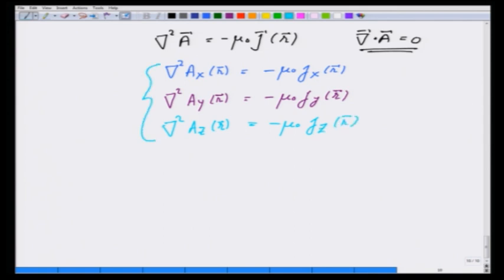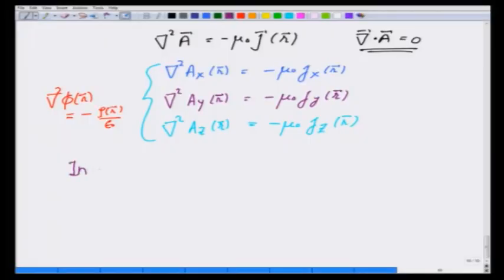All these three equations are absolutely similar to Poisson's equation del square phi(r) is equal to minus rho(r) over epsilon 0. All we are doing is 1 over epsilon 0 is being replaced by mu 0 and rho is being replaced by J_x, phi is being replaced by A_x, and similarly for the y and z components. Therefore, the equation has the same solution or similar solution as for the Poisson's equation.